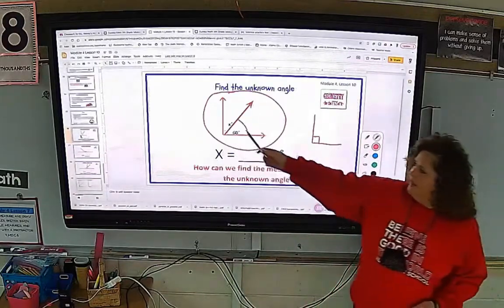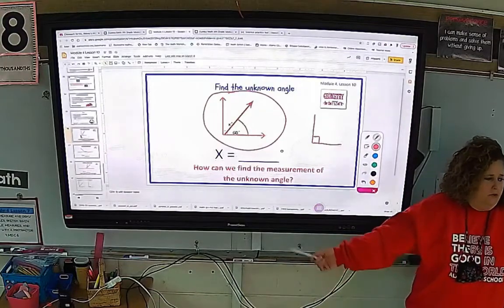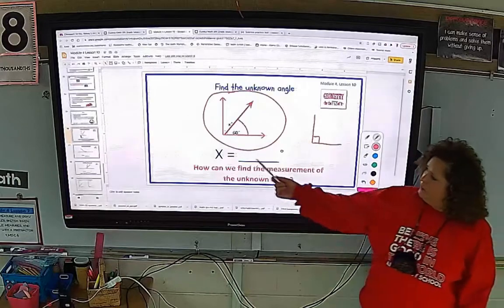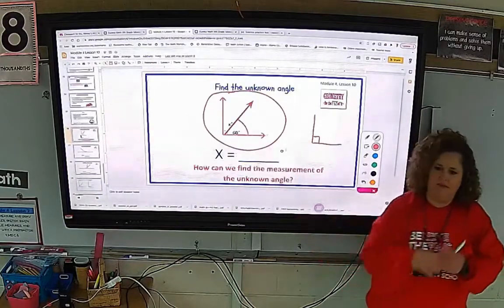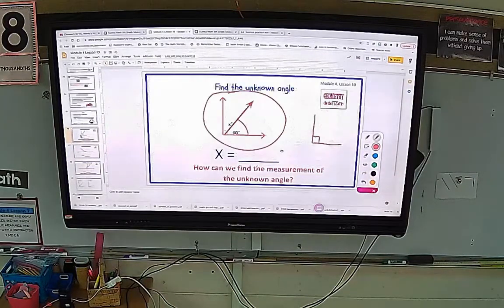But then there's this little X, and that little X is just there to say, you don't know what I am, so let's figure that out. So what would X be if this is 60? If I have 90 and I take 60 away, what's left over, everybody? 30.